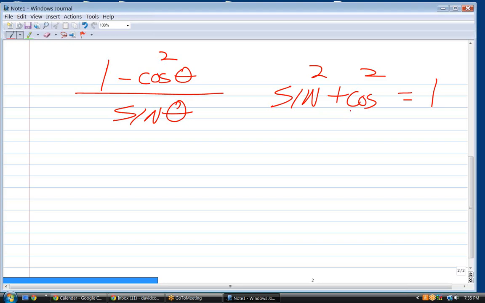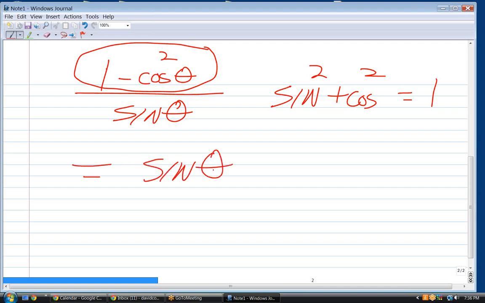What they do is usually subtract one of these from the left side, and you're always looking at 1 minus cosine squared or 1 minus sine squared. So the identity for that is sine squared. Now you have sine squared over sine, so this whole thing becomes sine theta, because you have sine squared divided by sine.